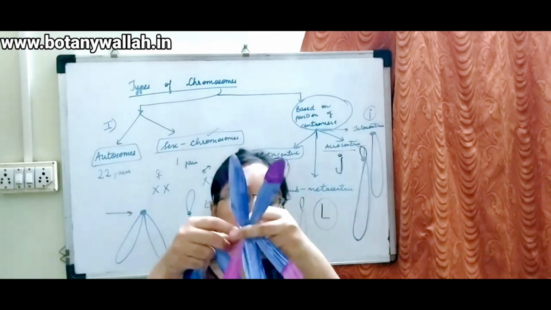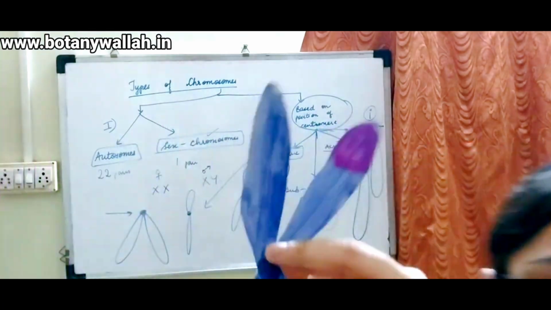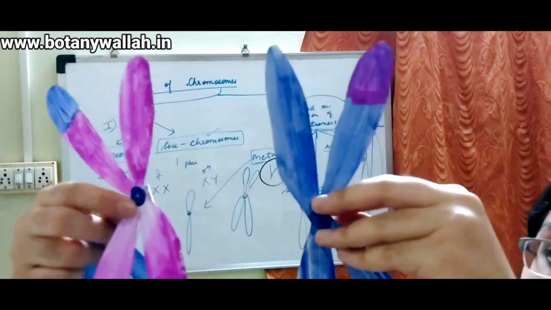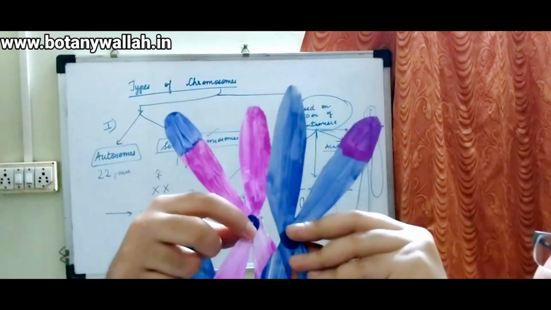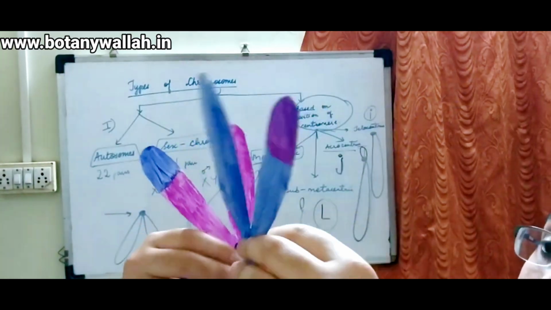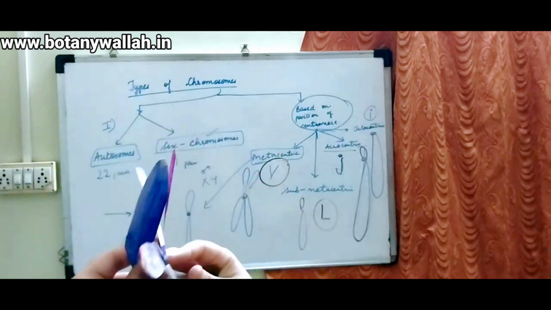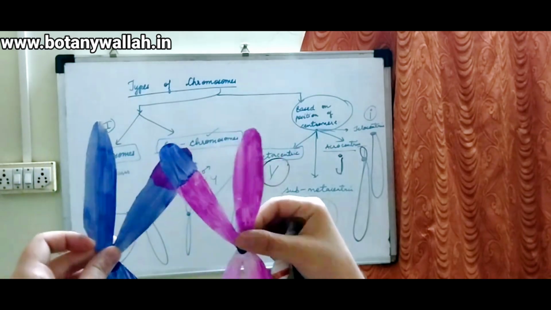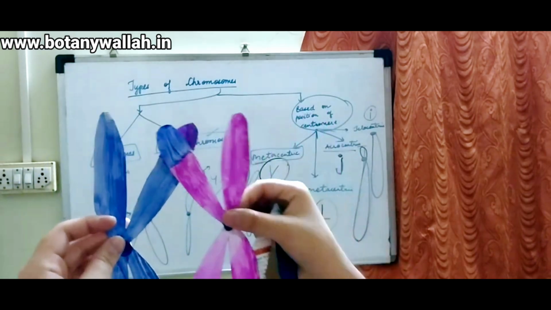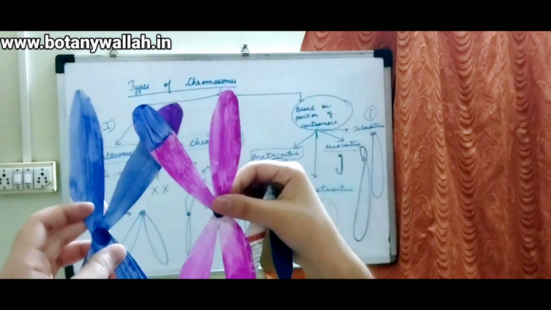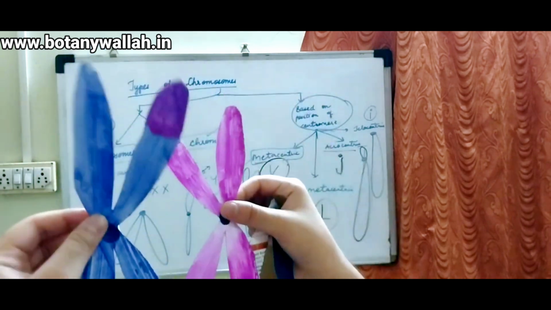Once again, during anaphase 1 of meiosis 1, the homologous chromosomes, I will put it properly first of all. It is like this. The position should be like this because crossing over had occurred here, only towards the held position, where they were attached.